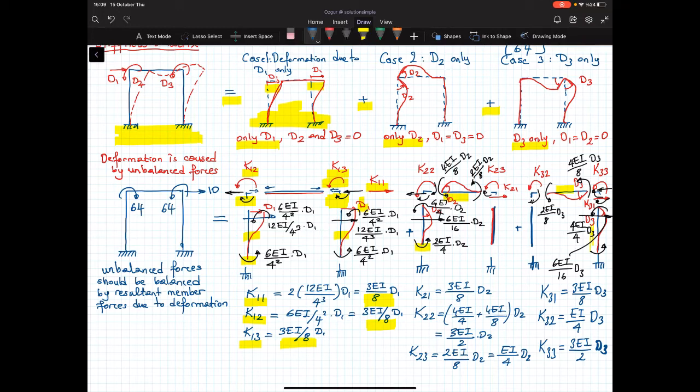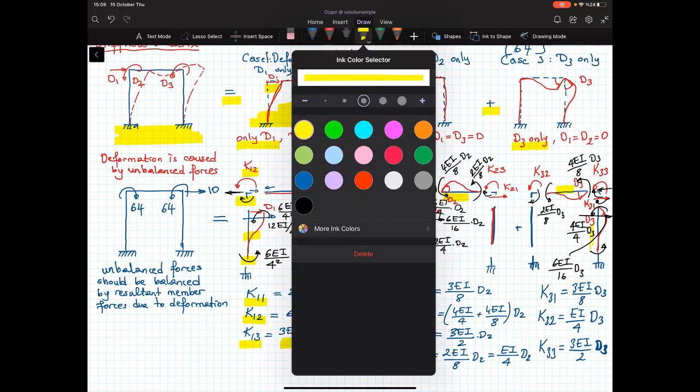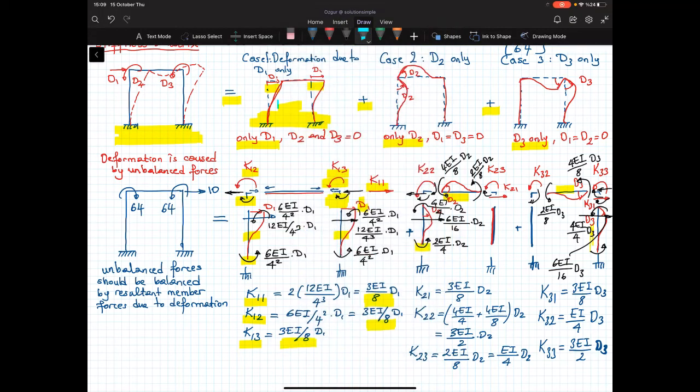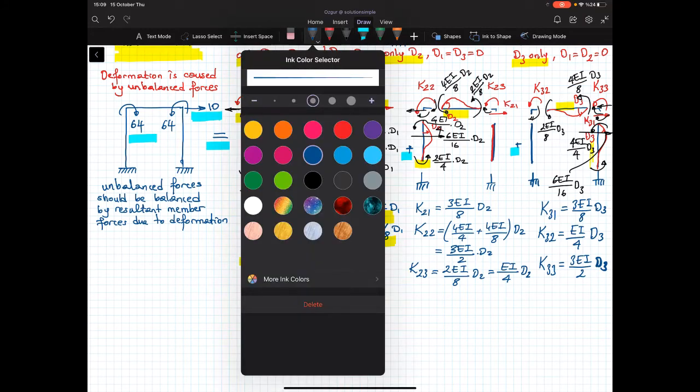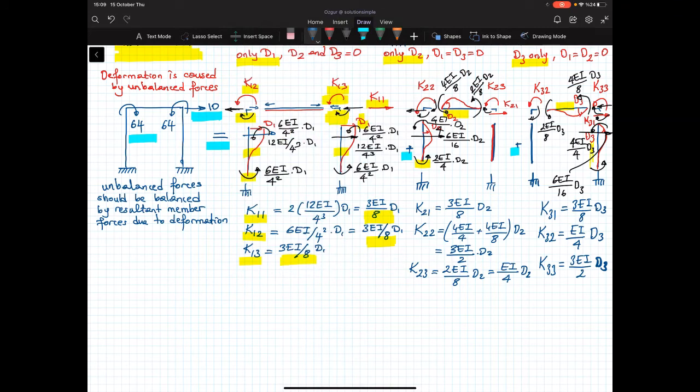Now take a look at this equality. We have these pluses here. So let me write the equilibrium equations for this first case. Let's write the nodal equilibrium equations.